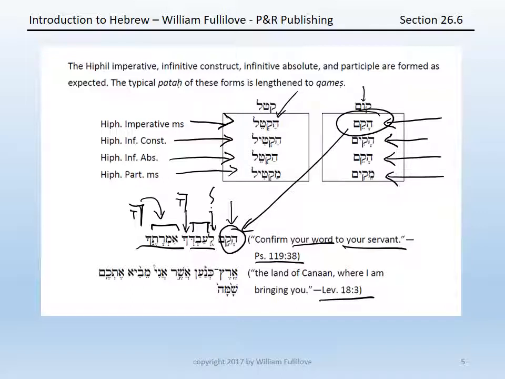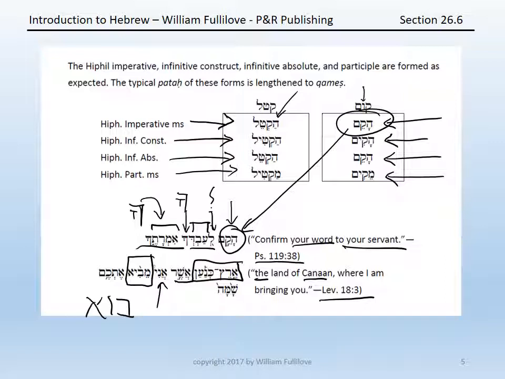Second, Leviticus 18:3, Eretz Canaan asher ani mevi etkem shama. So Eretz Canaan, a construct phrase, the land of Canaan. Remember, the whole phrase is definite because Canaan is a proper noun. Asher, the relative particle, where; ani, the pronoun I; then mevi, a hiphil participle, masculine singular, of the root bo.